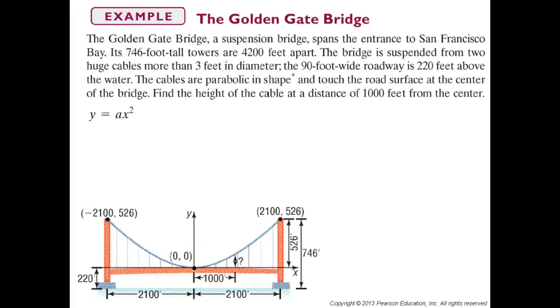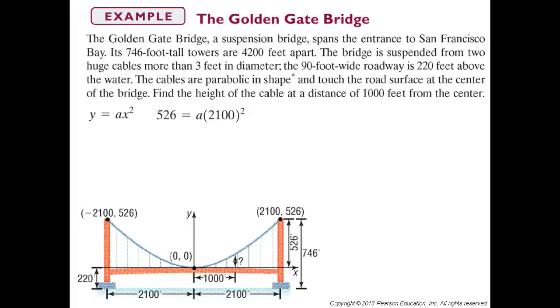Okay. Now, what we can do then is take one of the ordered pairs. We've chosen to use the one with positive x and y values just because it's positive and you don't have to deal with negative signs. The y value is 526. The x value is 2100. If we solve this for a, we'll have the exact equation of the parabola that we've drawn here with this cable.